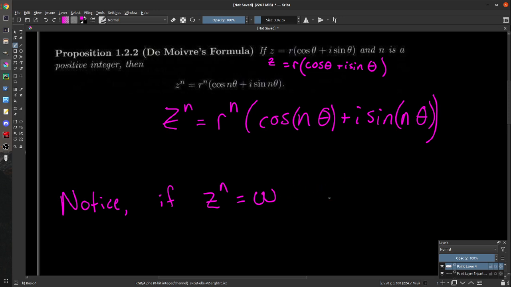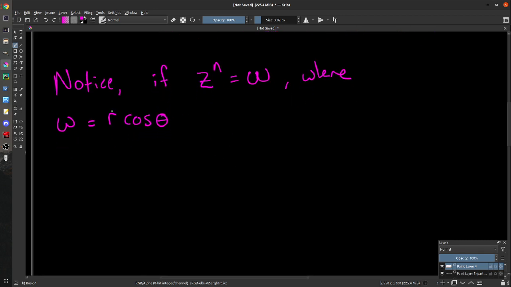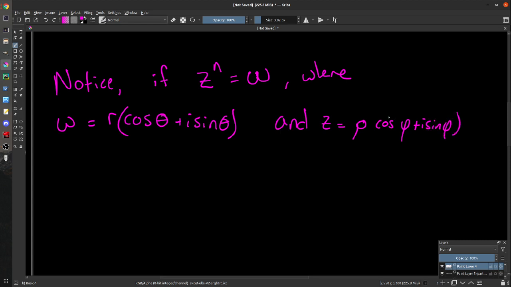If z is an nth root of omega, let's write it like this, just to make everything easy, where omega is given by r cosine theta plus i sine theta, all that of course in parentheses. We'll imagine that we didn't just use the thetas and the r's for z, and let's just write z as, I don't know, rho cosine phi plus i sine phi. There we go.